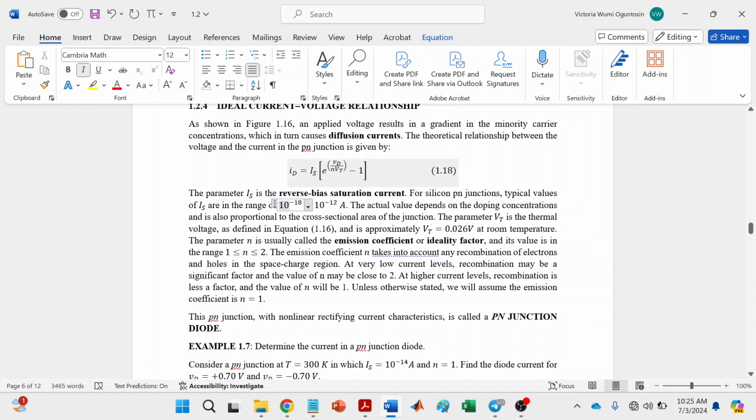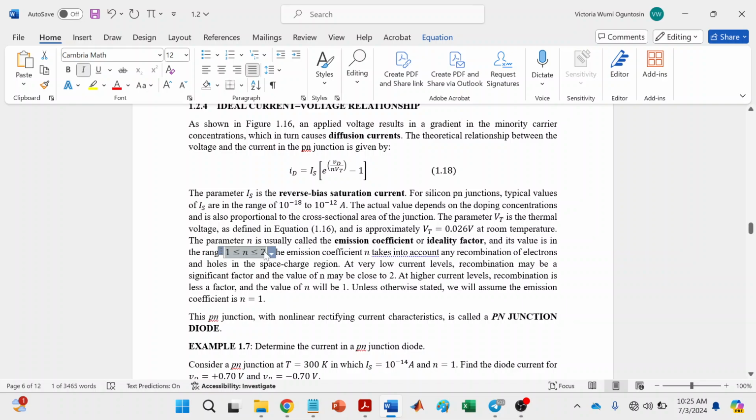We already know that VD is the forward bias voltage, and VT is the thermal voltage, which is essentially 0.026 volts at room temperature. N is called the emission coefficient or the ideality factor, and N just takes into account the combination of holes and electrons in the space charge region, but it is usually between the value of 1 and 2.